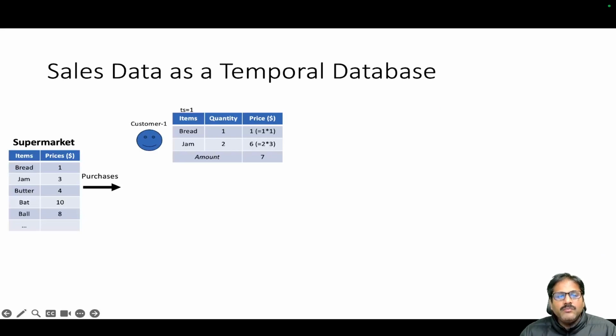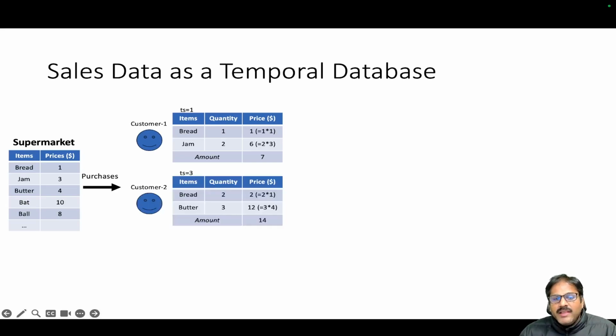Assume we have a supermarket. In this supermarket, there are many items that are being sold, like bread, jam, butter, and so on. A customer visits the supermarket at a particular timestamp. At timestamp 1, he has purchased the items bread and jam. Some quantities he has purchased, and he paid the money and he left.